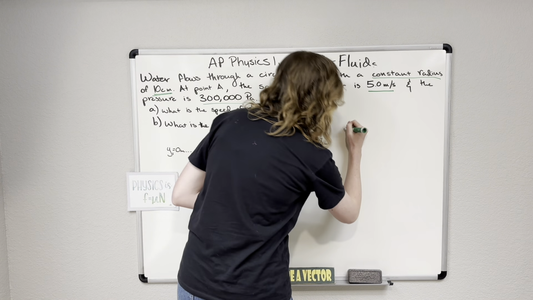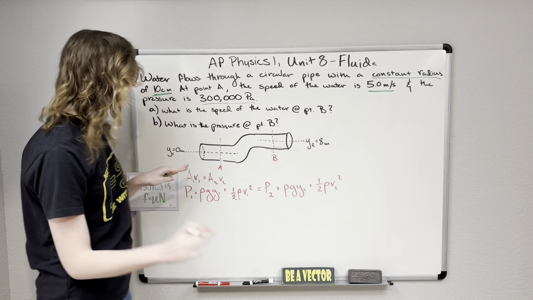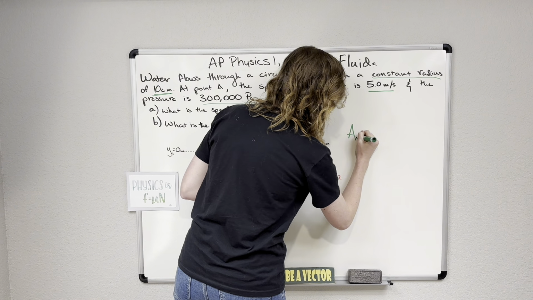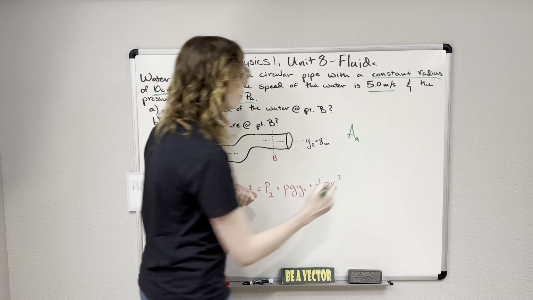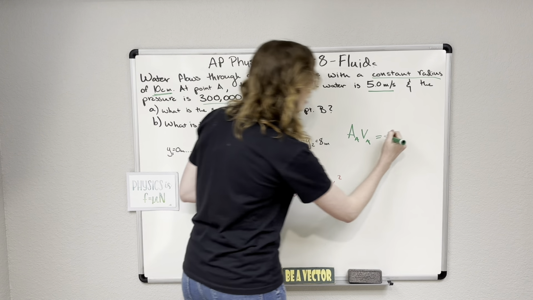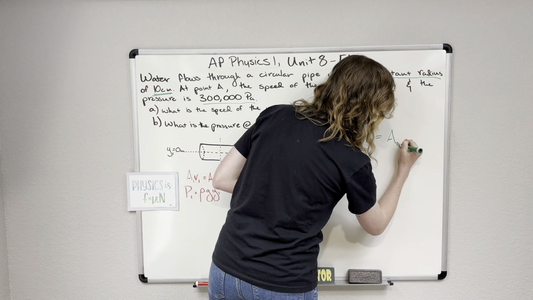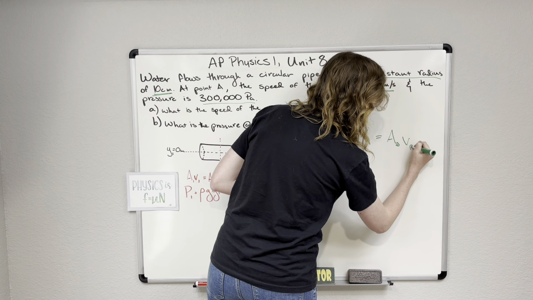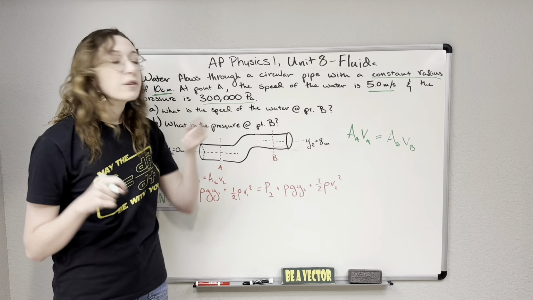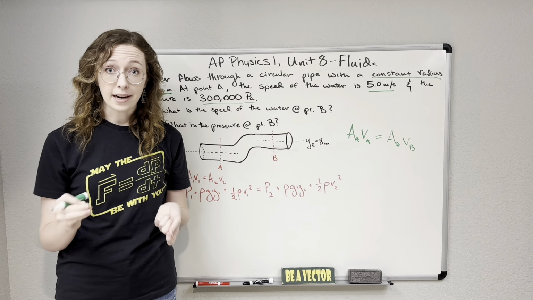What the continuity equation tells us, if we apply it here, is that the cross-sectional area of our pipe at point A times the velocity of our fluid at point A has to be equal to the cross-sectional area of our pipe at point B times the velocity of my fluid at point B. Now, here's the thing though, we were told that our circular pipe has a constant radius, right?